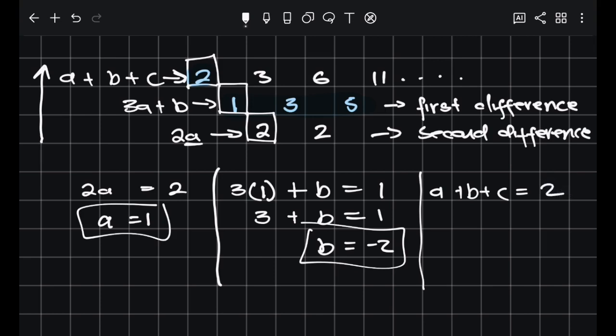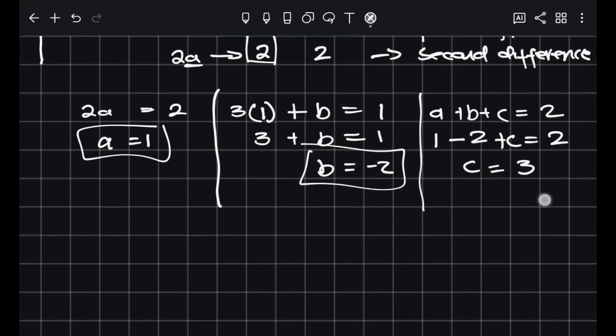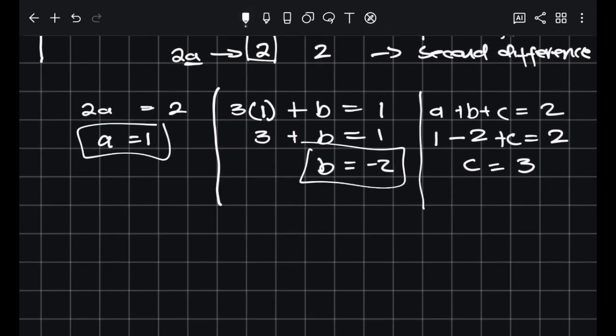But we know the values of A and B, so let's plug in our values. That's 1 minus 2 plus C is equal to 2. So 1 minus 2 is negative 1. Transpose the negative 1 to the other side. It becomes positive. Then you have your C is equal to 3. So now we have our A, B, and C.